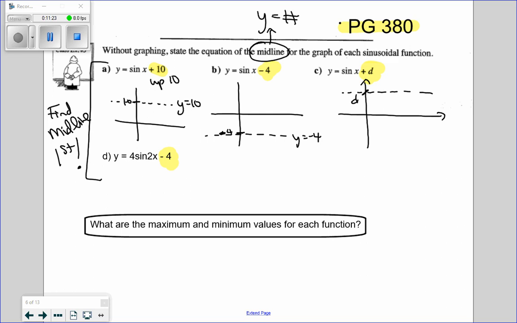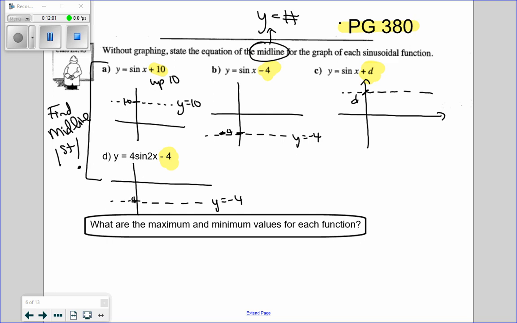So if you see a number on the end of the sine equation, and it's a plus or minus, just draw your picture out. Okay? I got one more to do here. Sorry. Need to focus. So minus 4 means down 4, so negative 4. Okay? Maybe you don't have that one. Okay, well, we'll just focus on the first three.